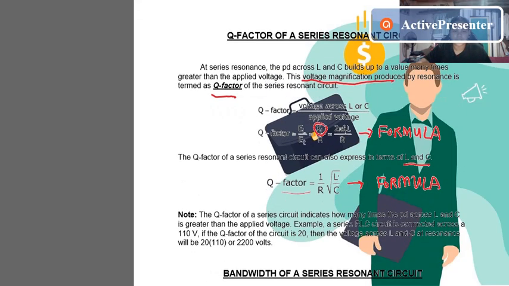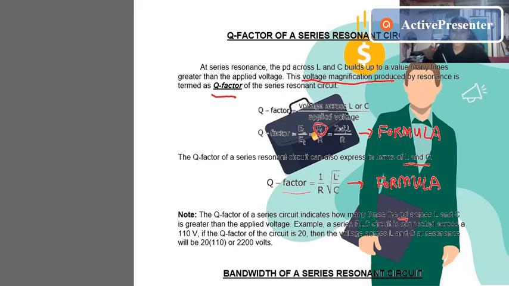Take note that the Q factor of a series circuit indicates how many times the PD or the voltage across L and C is greater than the applied voltage. So the voltage across the inductance and capacitance should be greater than the applied voltage.